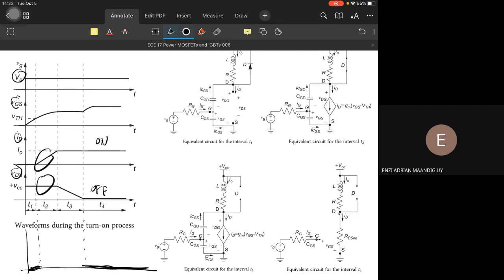Kung multiply na to ni, na ito makuha. Estimate lang niya. And during T3, yan nagapon. I-multiply this one with that one. So, yan nagapon.